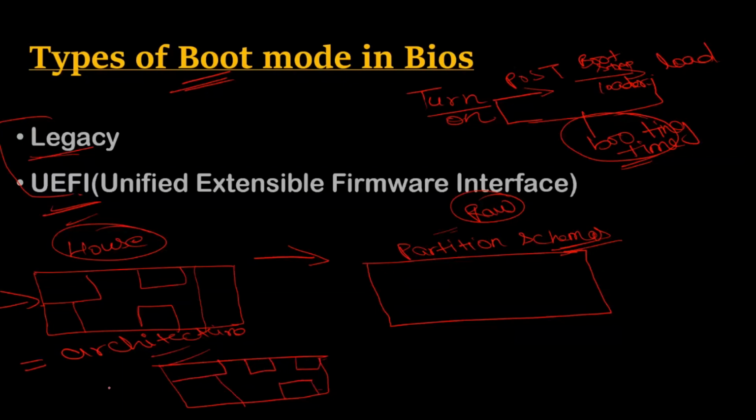This is a different architecture, a different layout. In this house structure, we have the bedroom and guest room, and in this business architecture, we have the labs, the cabin area, and the space. So we have different things. Same thing we can do if I want to build a shop there.